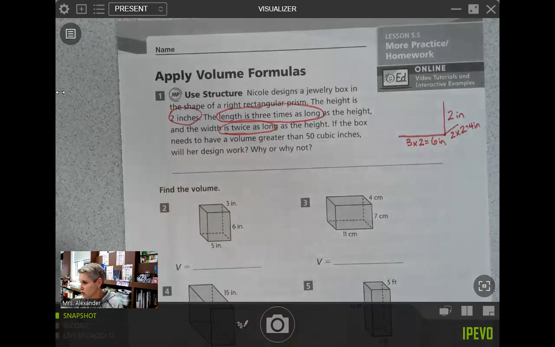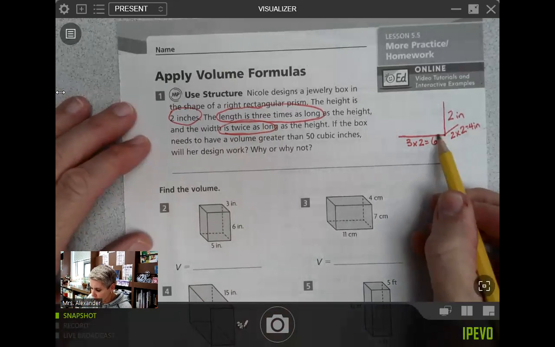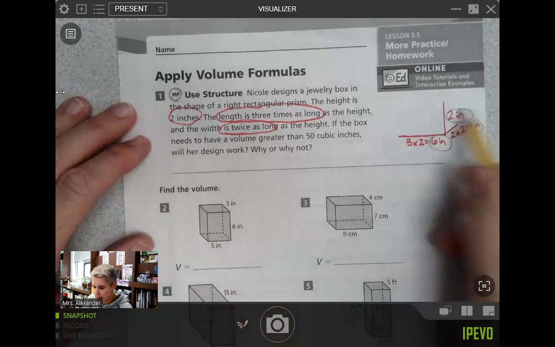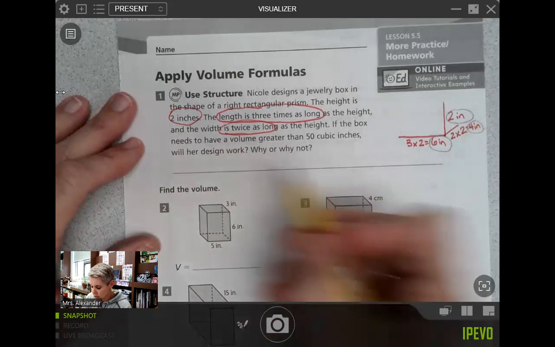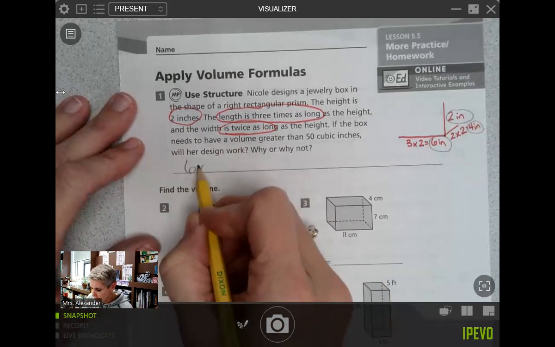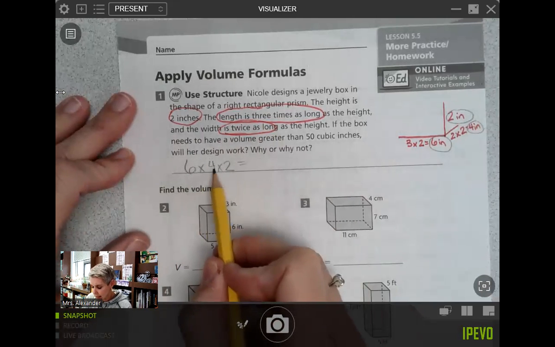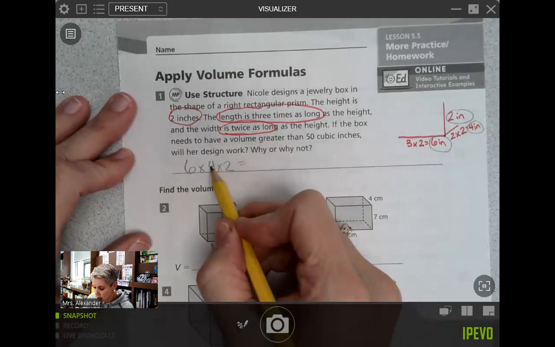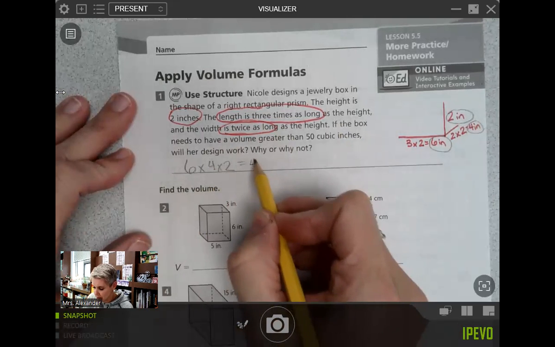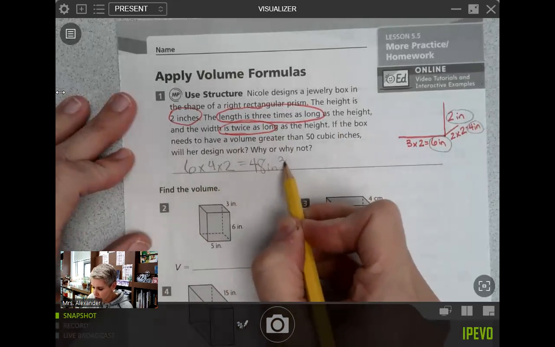Now I just realized I was using a pen like I would do in class, but I want to switch to a pencil. So I'm going to take that information. I have my length and my width and my height. So I'm going to do 6 times 4 times 2. 6 times 4 is 24. 24 times 2 would be 48 cubic inches.